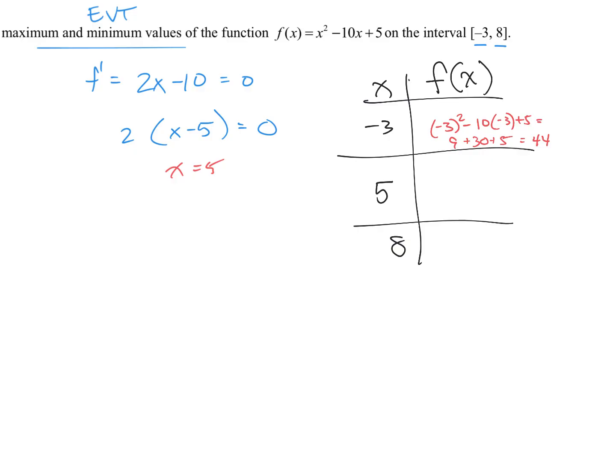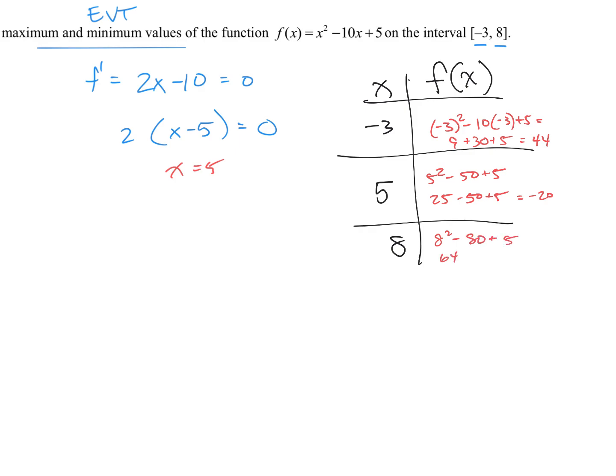Do the same thing with the 5. Skipping a little step here, what I got is 25 minus 50 plus 5. It's negative 25 plus 5, so negative 20. And then do the same thing with the 8.